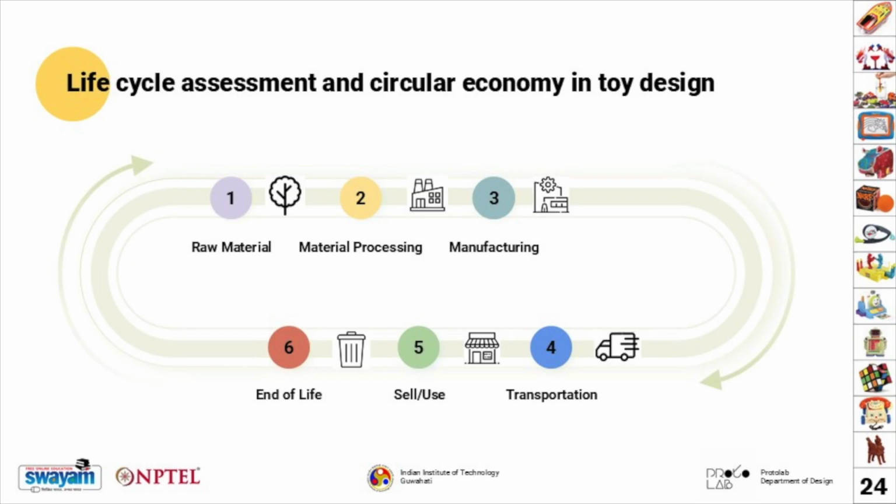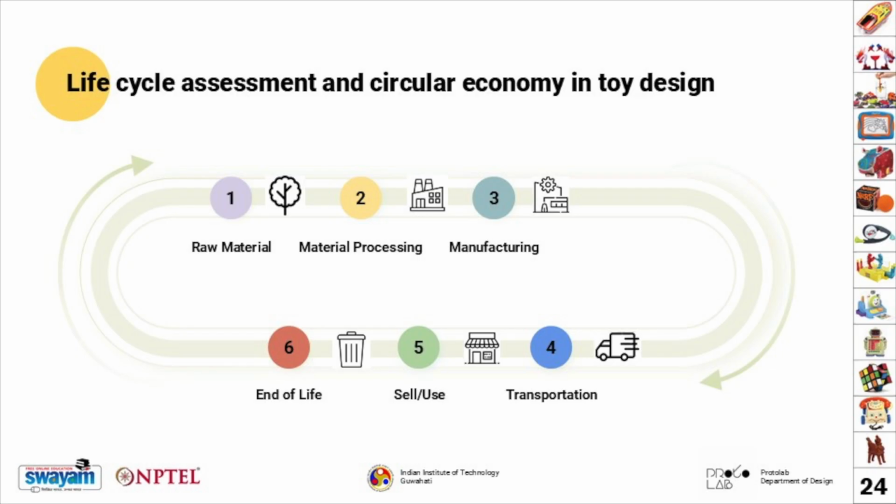Stage 2, material processing. Raw materials are transformed into usable forms, such as refining, treating, or converting materials, which leads to energy consumption and emissions occurring here. Sustainable strategies focus on minimizing energy use, reducing waste, and avoiding toxic chemicals.